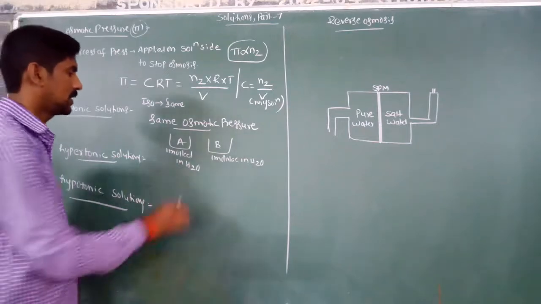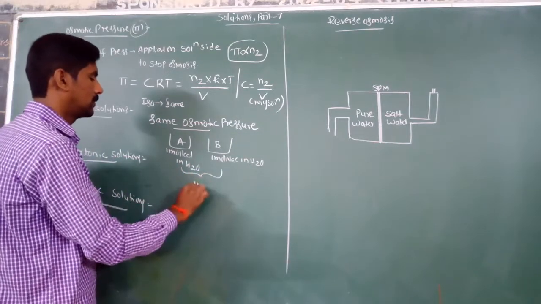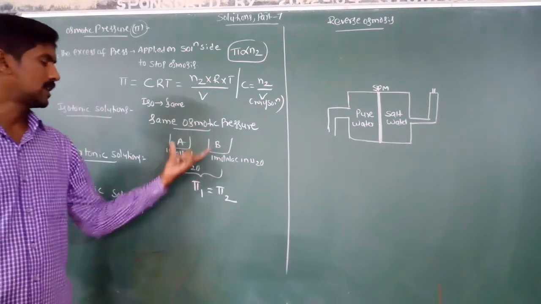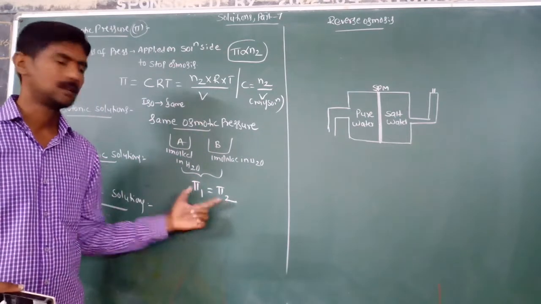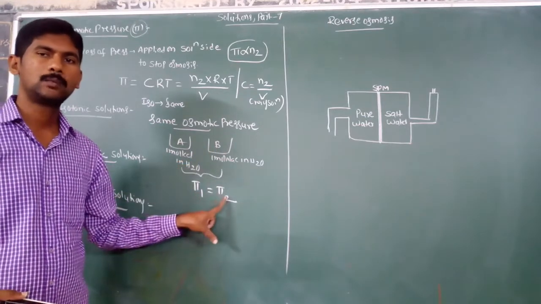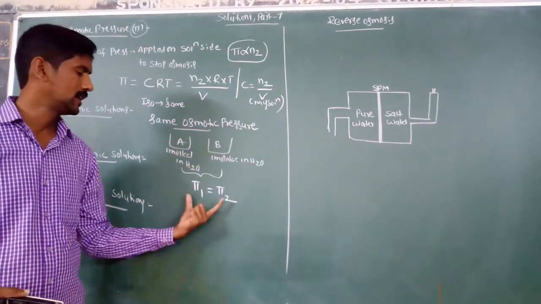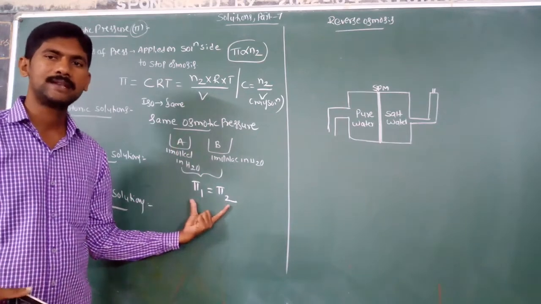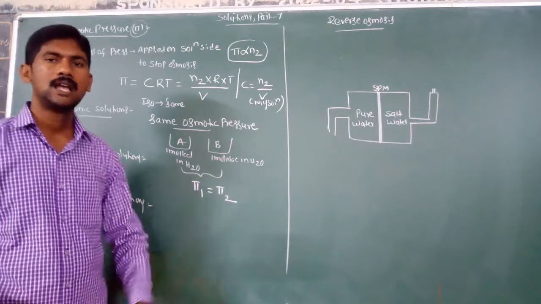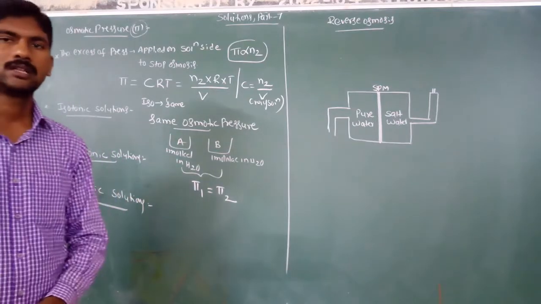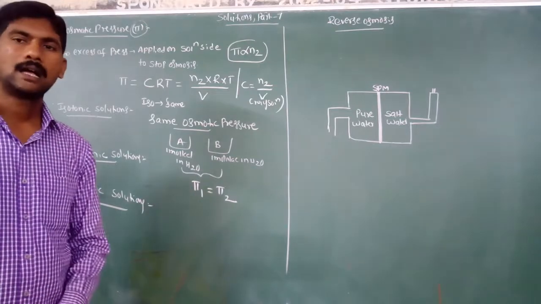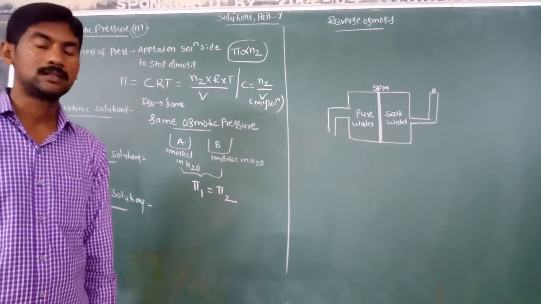If these two solutions are having the same osmotic pressure, that is pi A is equal to pi B, or pi 1 is equal to pi 2, those are known as isotonic solutions.